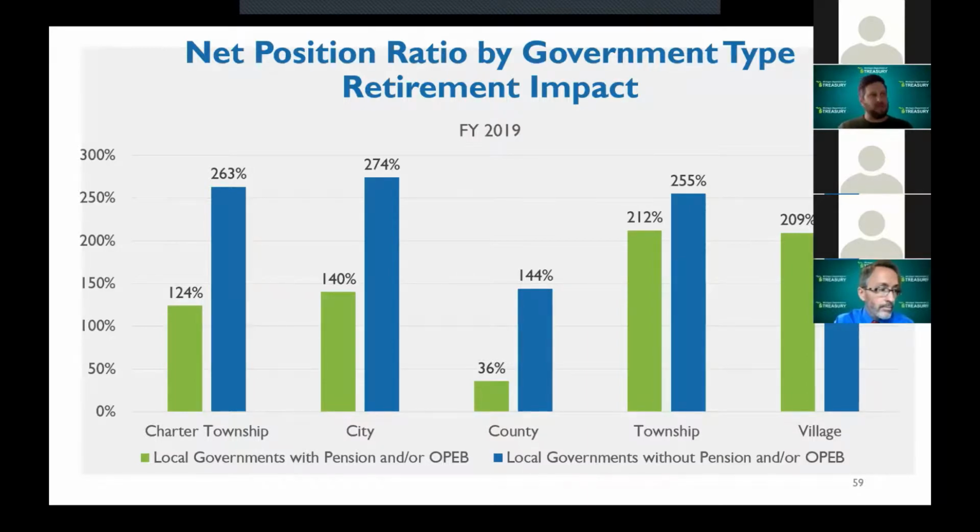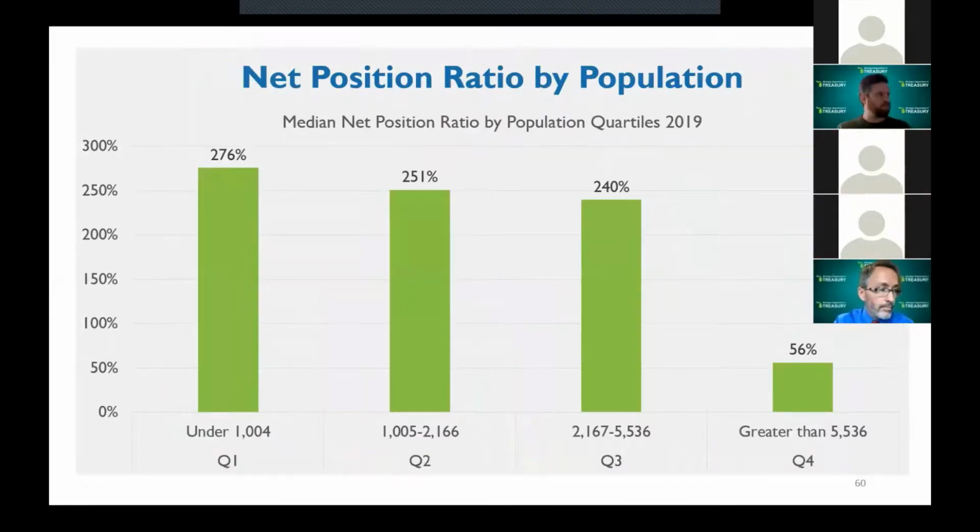Even for those with higher median net position ratios, the difference is significant. So this is another factor to keep in mind when you're evaluating your local government. Make sure that you take into account what sorts of services you provide and what sorts of benefits are offered.